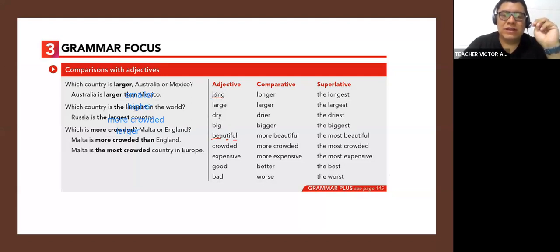When we have a short one, like long, we only add ER for the comparative, and for the superlative, the longest. Okay, so that's the difference. Once again, large is only one syllable sound.